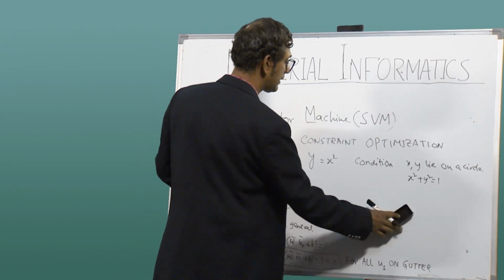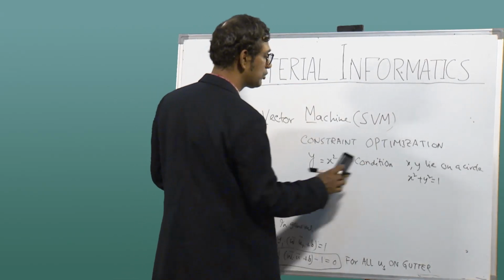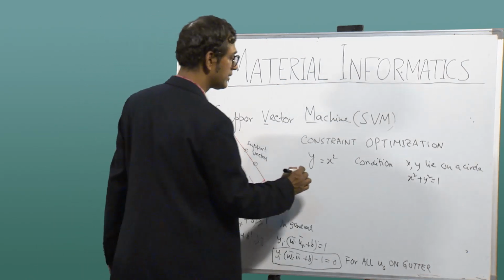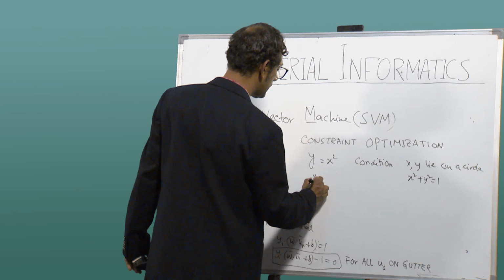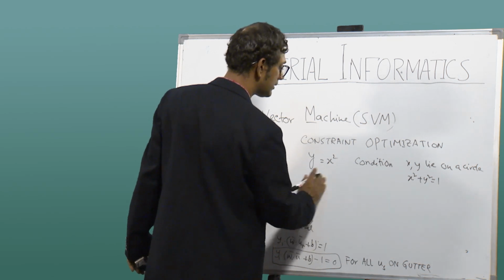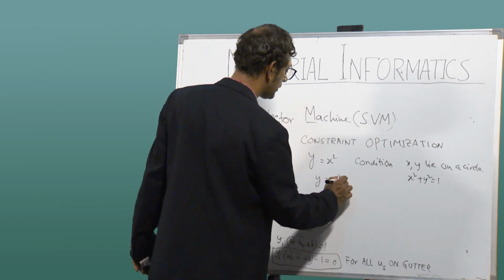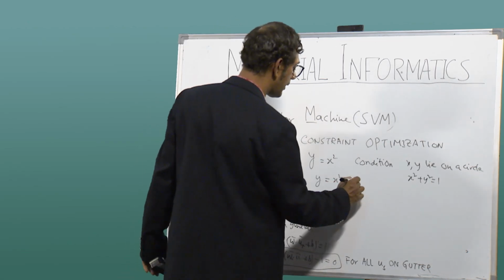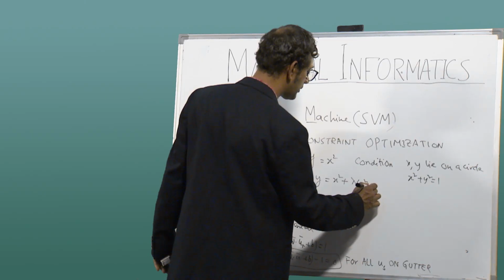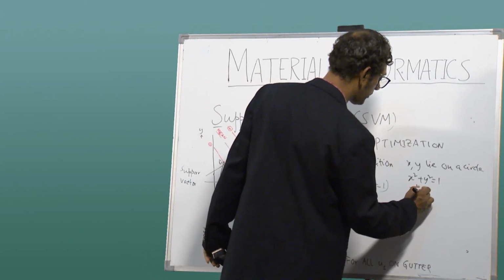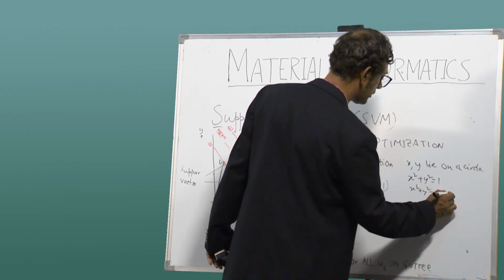The moment you say x and y lie on a circle, they must satisfy this equation. So, for maximization you have to write y equal to x square plus lambda times (x square plus y square minus 1), okay, because x square plus y square minus 1 equals 0.